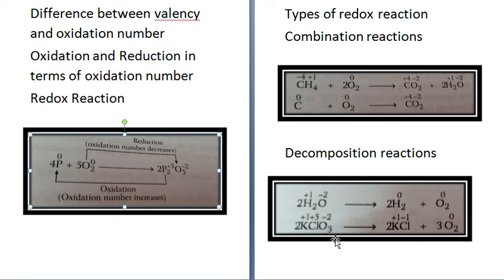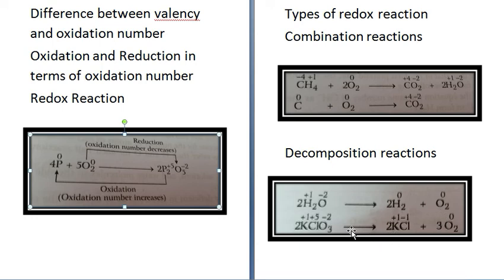For example, 2H2O is breaking down into 2H2 plus O2. In H2O, hydrogen had oxidation state +1, oxygen -2, and it has broken down into pure hydrogen, oxidation state 0, and oxygen, again oxidation state 0.